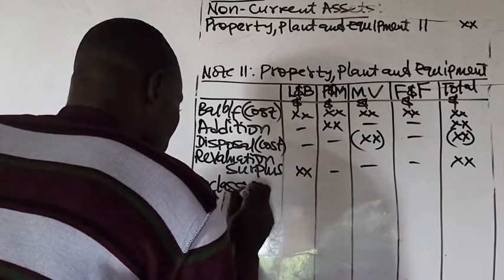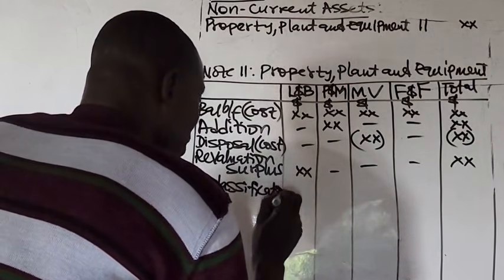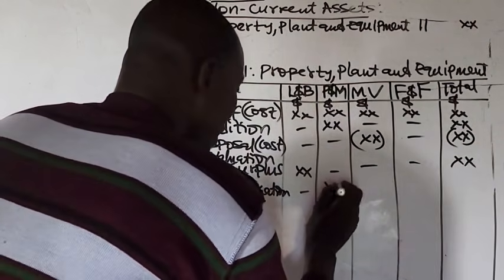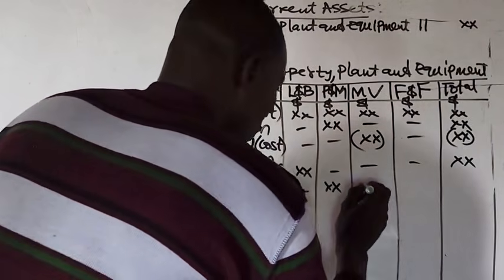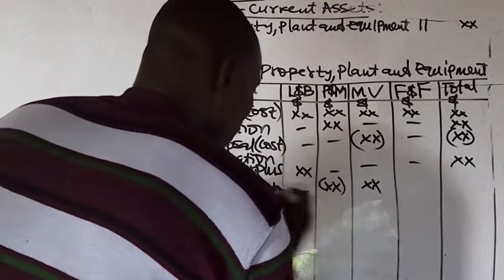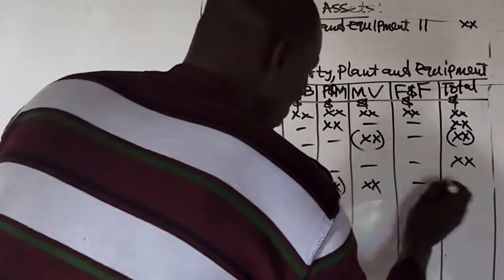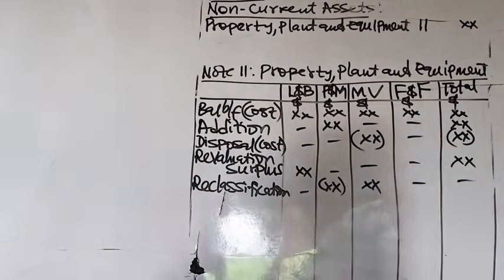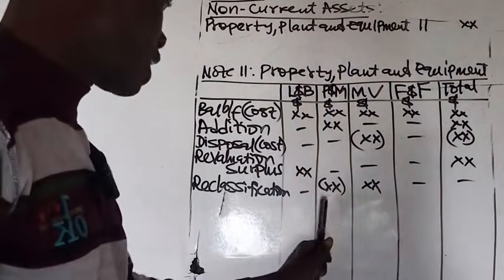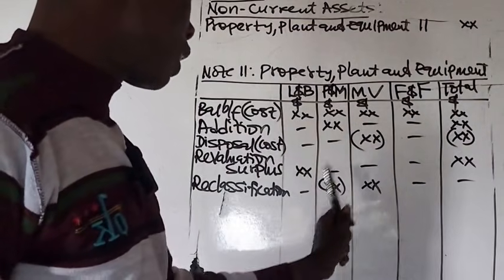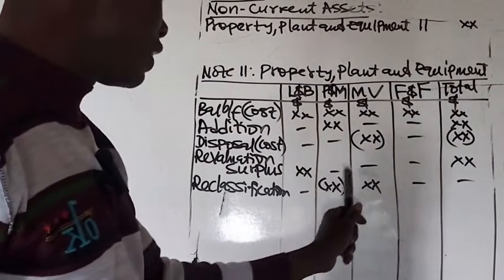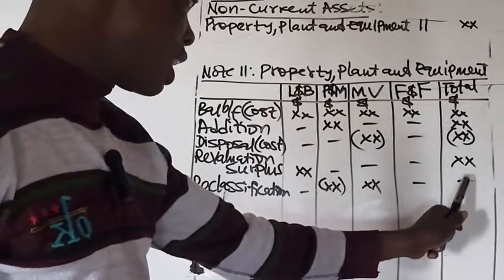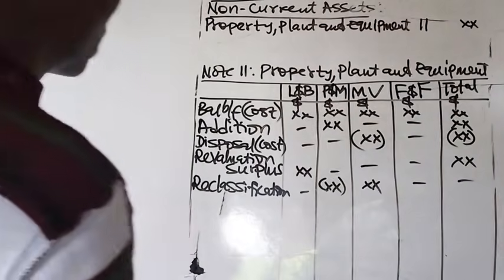Then reclassification. Suppose plant and machinery were reclassified to motor vehicle. That means you remove it from plant and machinery, it comes into the motor vehicle, so you won't have it in the total if the amounts are the same. But if it is a different amount, then the net difference will be in the total.